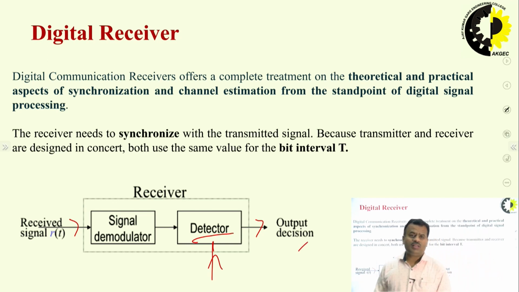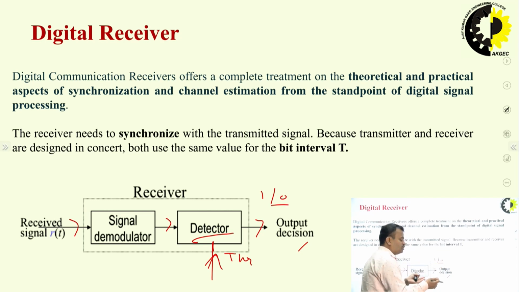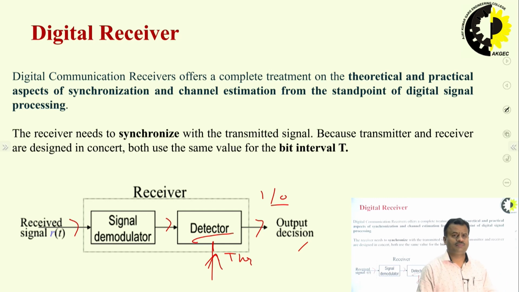Always in digital communication you have to use a comparator at the receiver output side. Why? Because you have to decide whether 1 is coming or 0 is coming. So you always compare your incoming signal with a threshold value, because you have to extract the binary data that you transmitted from the transmitter.